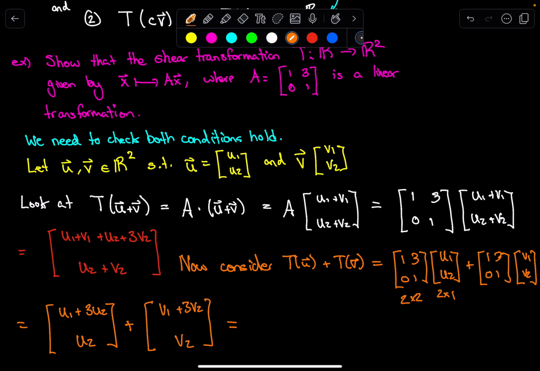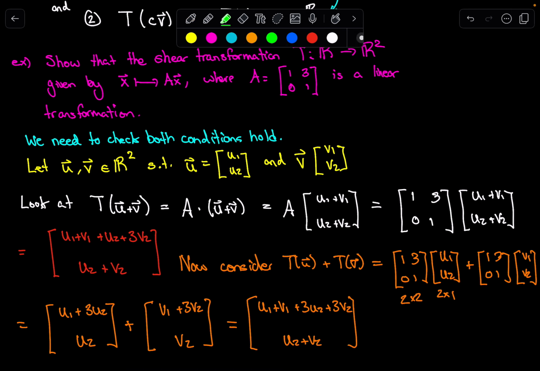If we add these together, because they're both 2 by 1 vectors, sure enough, if I rearrange the terms a little bit, I'll get u1 plus v1 plus 3u2 plus 3v2, and on the bottom I get u2 plus v2.